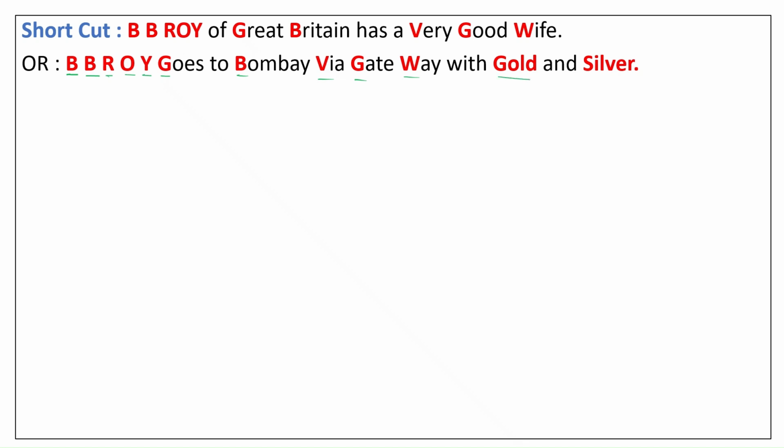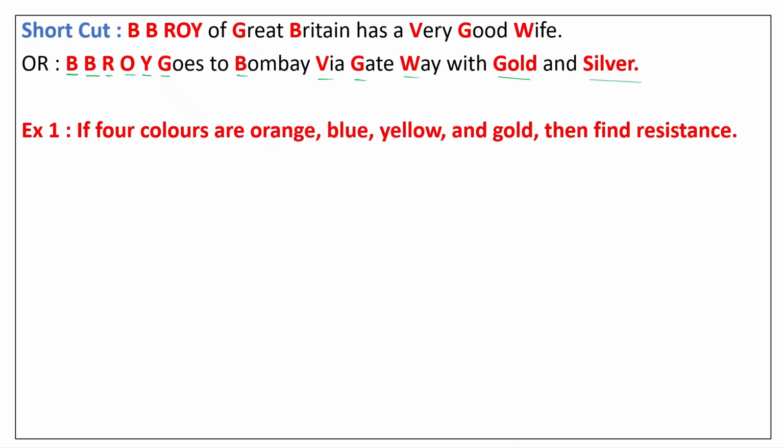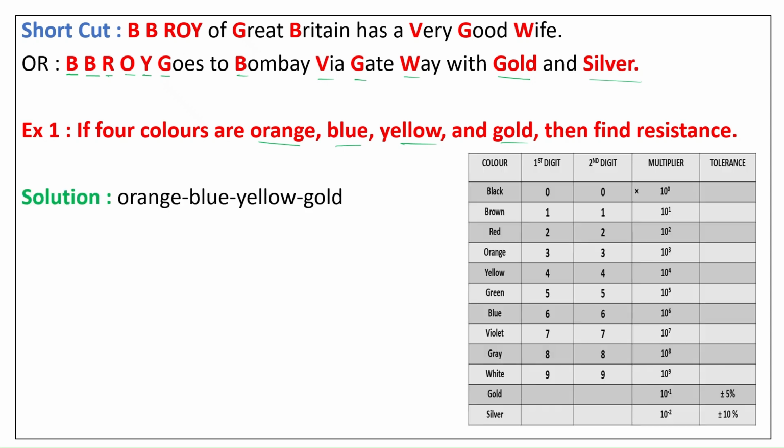Now let's look at some examples to find resistance. Example 1. If the four colors are orange, blue, yellow, and gold, then find the resistance. With the help of the formula and table, we find the resistance. Solution.